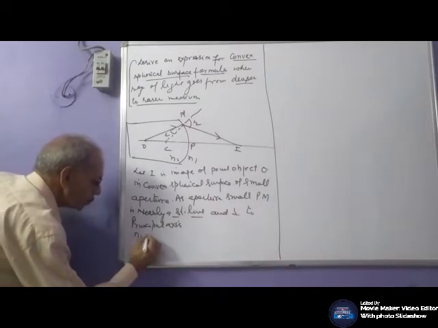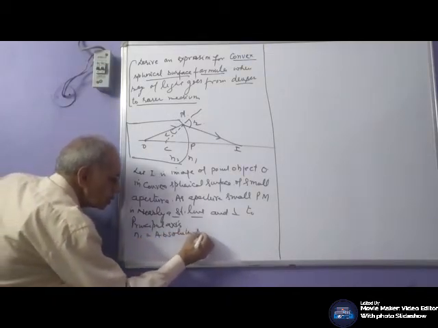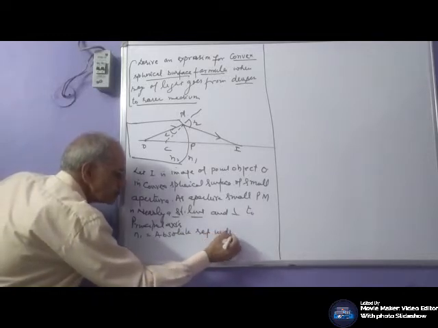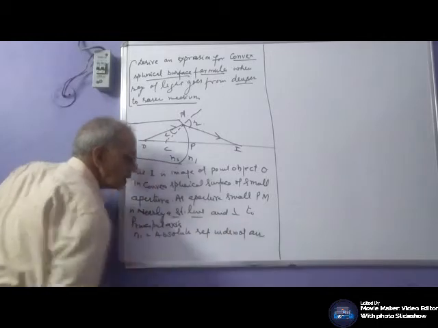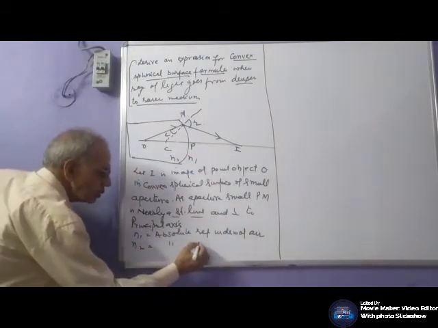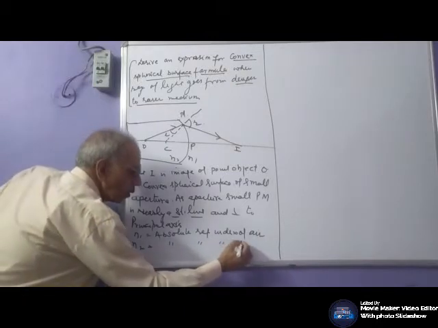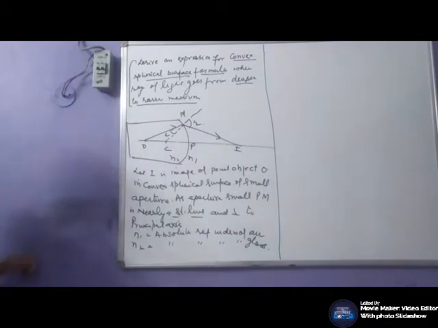N1 is the absolute refractive index of air, the rarer medium, and N2 is the absolute refractive index of glass, the denser medium.